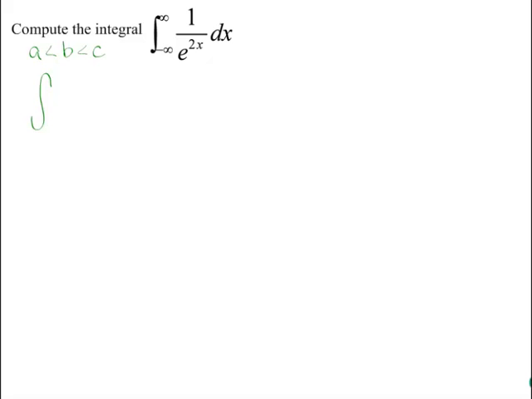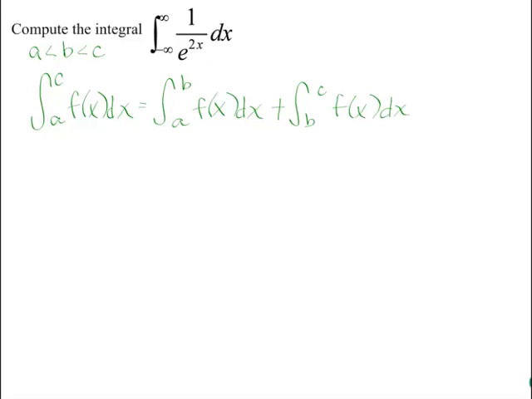If I want the total accumulated area from a up to c under any function, it is true that I can break that interval up over any interior horizontal value and add those two separate areas together to get the total area. That is a property of the definite integral that we learned last fall. So we're going to use that on this problem here.